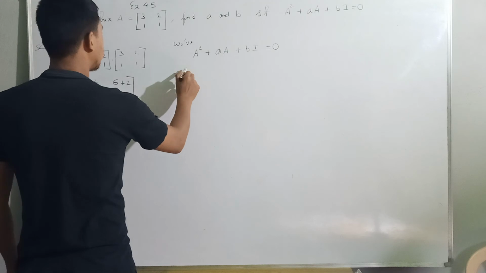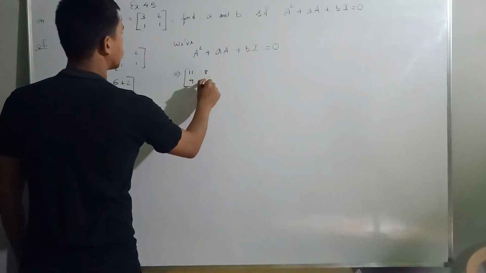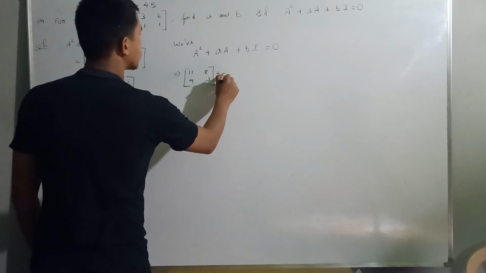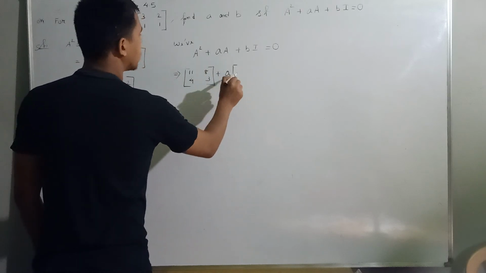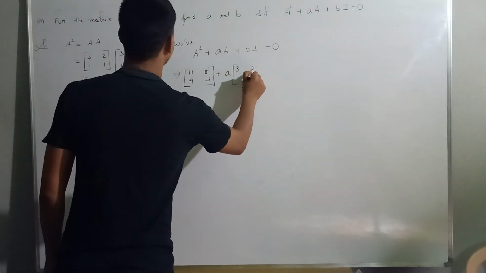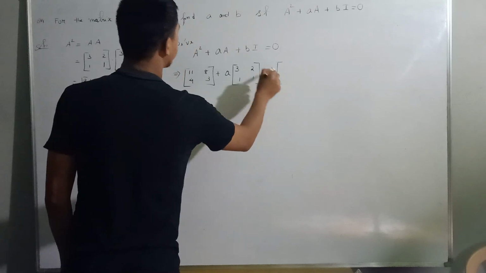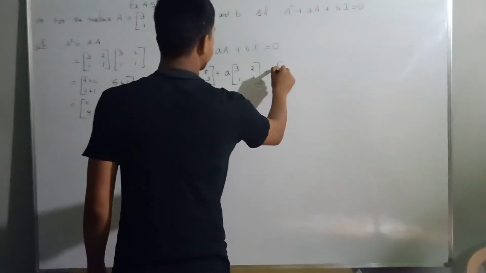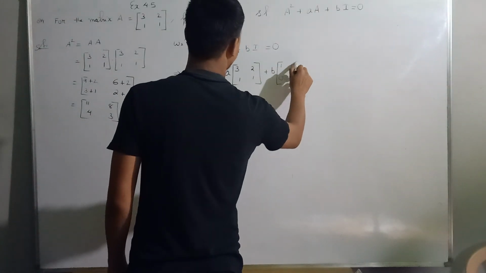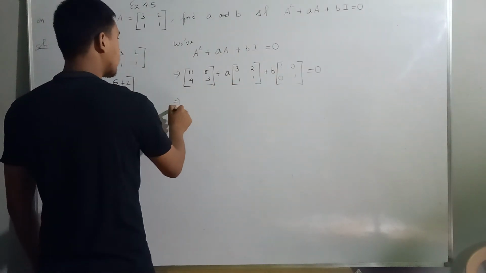Then A squared means 11, 8, 4 and 3 plus scalar a times your matrix A, 3, 2, 1, 1, plus scalar b times the identity matrix. Here the identity matrix is of order 2, is equal to 0, utilizing the given condition.